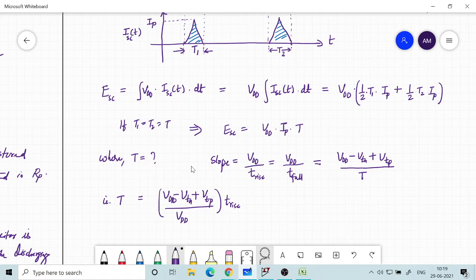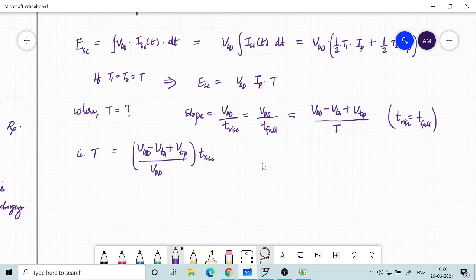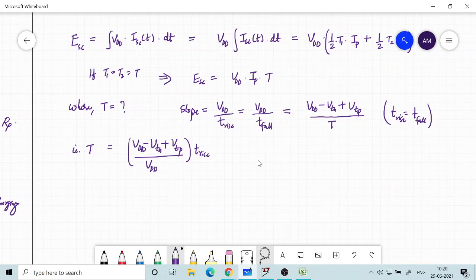I am assuming T rise is equal to T fall, just to simplify the analysis. Otherwise you have to take these separately. Therefore now I can substitute this T in this equation.